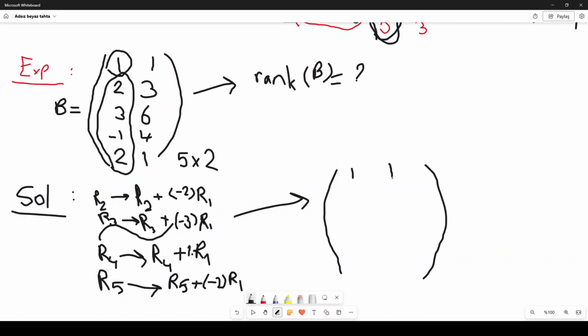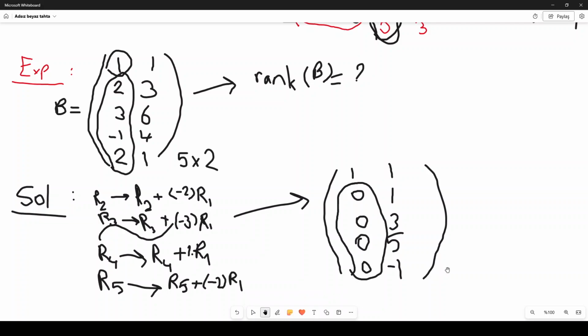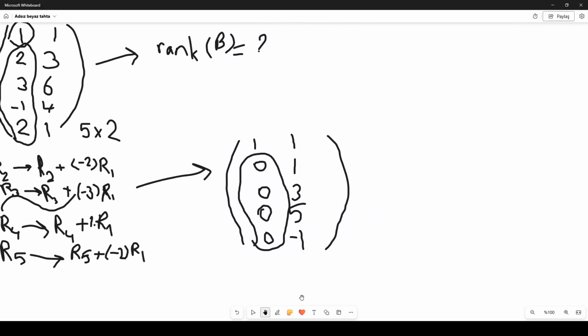It's 1 1, no change in the first row, and 0 1 in the second row, 0 3 in the third row, 0 5 in the fourth row, and 0 minus 1 in the last row as desired. You see now I have eliminated the values below the first pivot position, and I continue with the Gaussian elimination process.